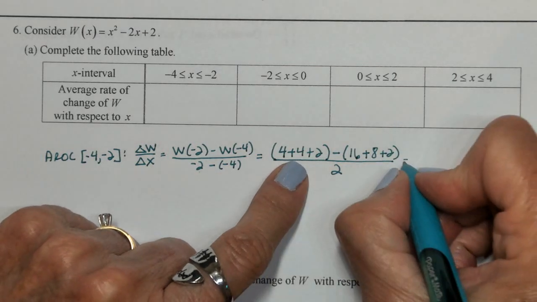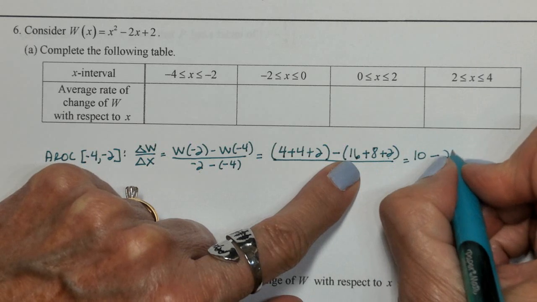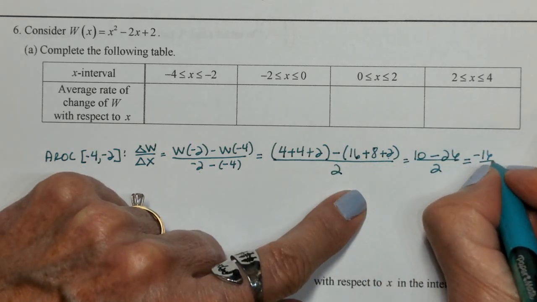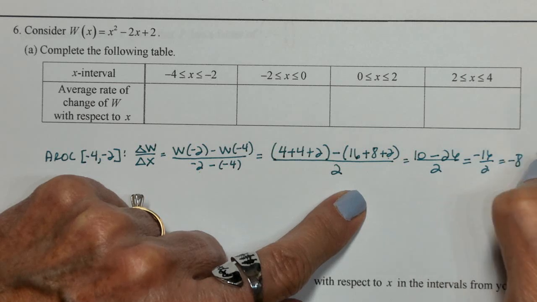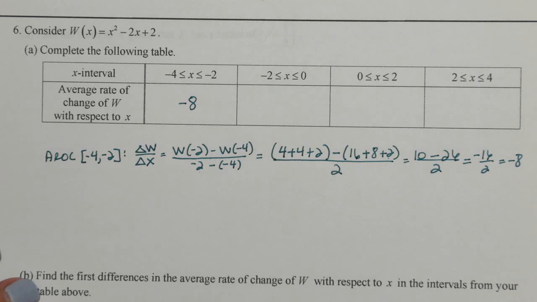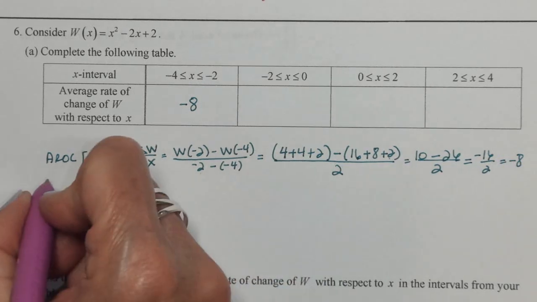Okay, this is 10 minus 26 over 2. That is -16 over 2, so that is -8. So this first interval is -8. The average rate of change on that interval is -8. Okay, let's do another one.